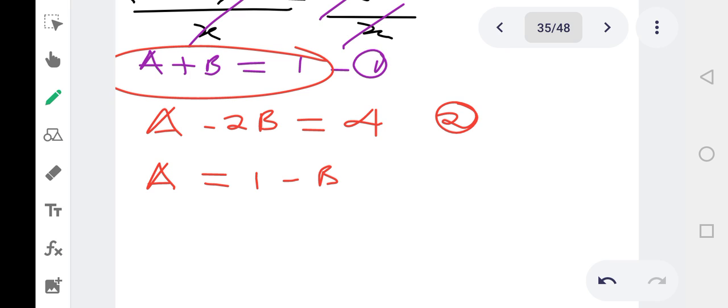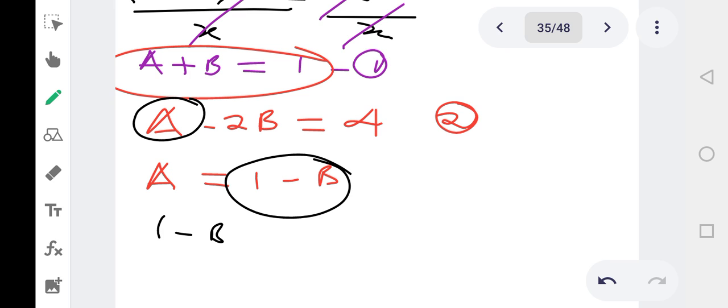I'm going to replace this a in that second equation with 1 minus b. So I'll say 1 minus b, I put it there. Replace a with 1 minus b, is then minus 2b is equal to 4.